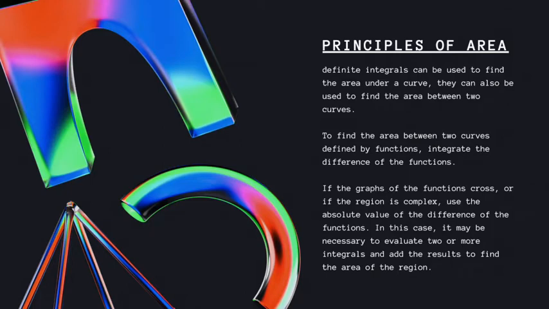If the graphs of the functions cross or the region is complex, use the absolute value of the difference of the functions. In this case, it may be necessary to evaluate two or more integrals and add the results to find the area of the region.